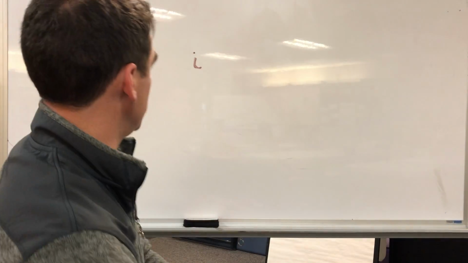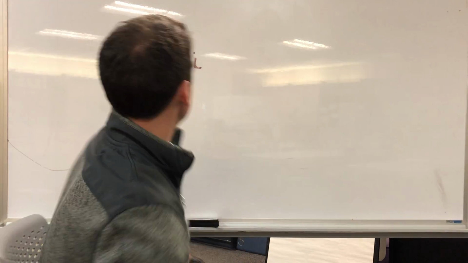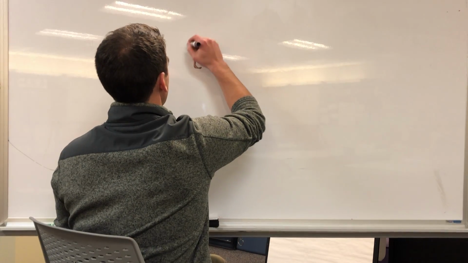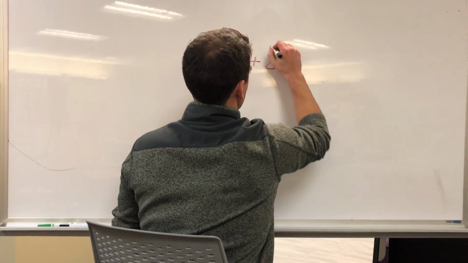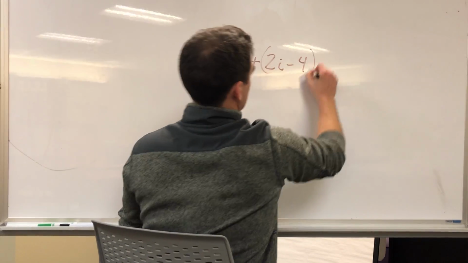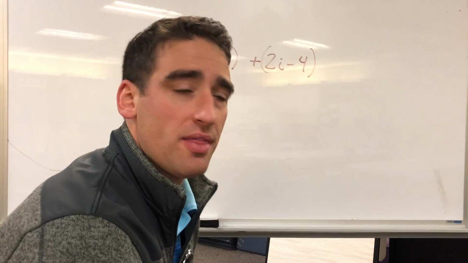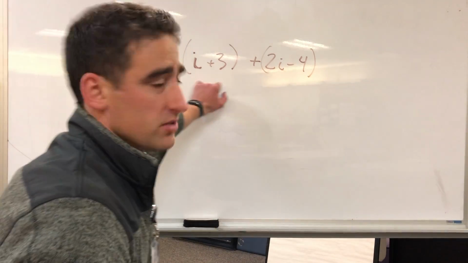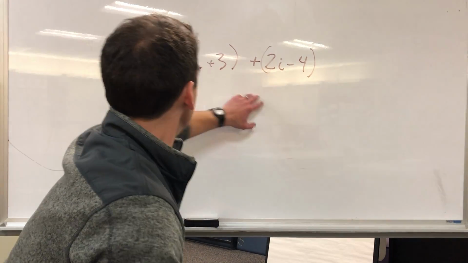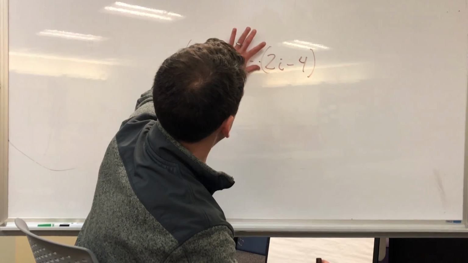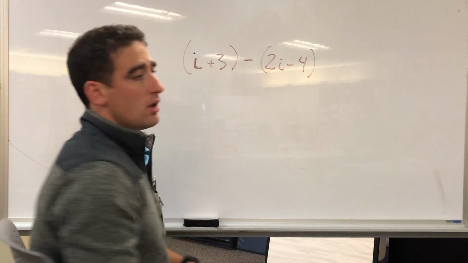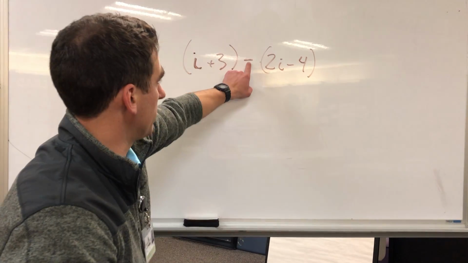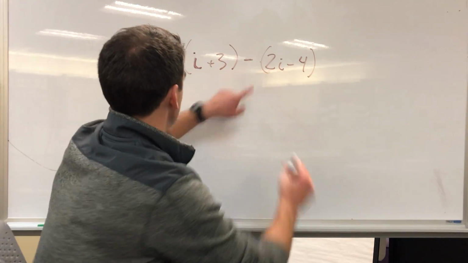In almost all situations. So if I end up with something like i plus 3 plus 2i minus 4, okay? You're gonna treat that exactly like you would if those i's were x's, okay? So let's pretend it's a negative. One of the big mistakes I'm seeing people do is they forget to distribute this negative, so let's make sure we do that.